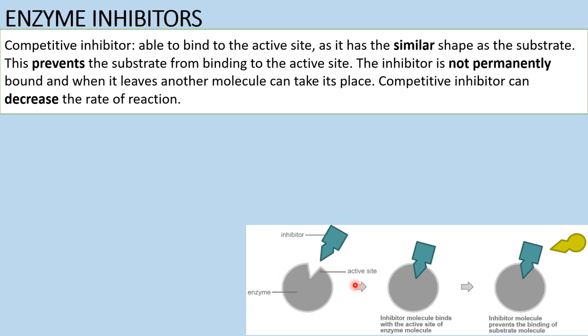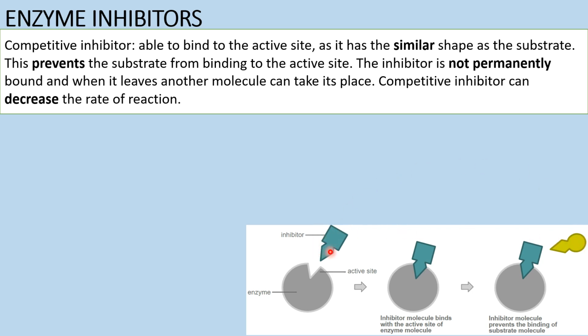I have my enzyme here, I have my active site, and I have two things. I have an inhibitor here, and over there I have a substrate. If you look carefully, the substrate and the inhibitor have a similar shape, not the same shape, similar shape.